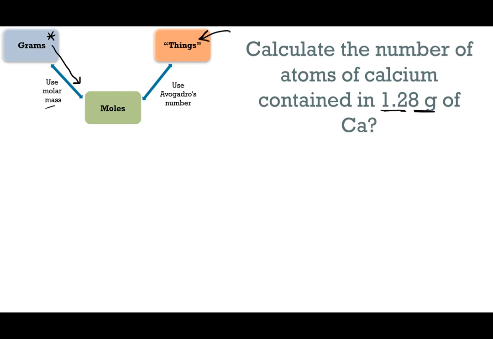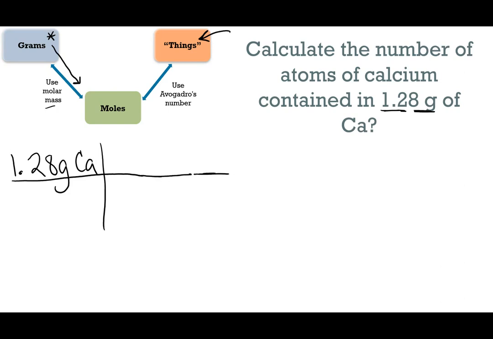So for every unit conversion problem that's ever existed in chemistry, we first write down the information that's given. So 1.28 grams of calcium. Draw our train tracks. What unit is going to go on the bottom? What unit are we trying to get rid of?